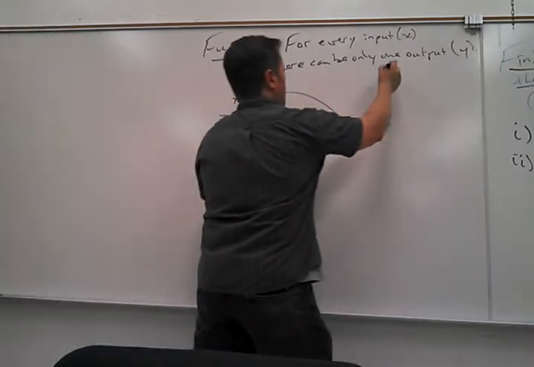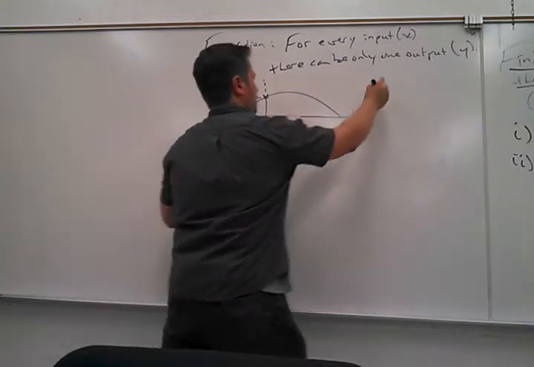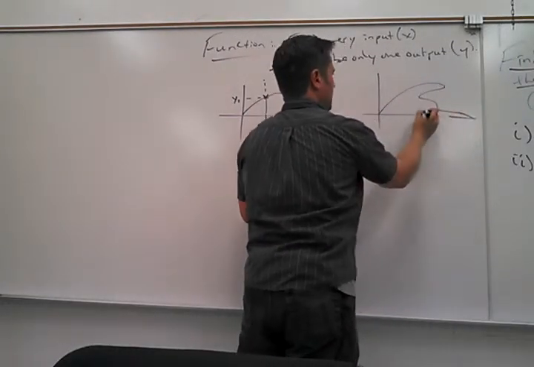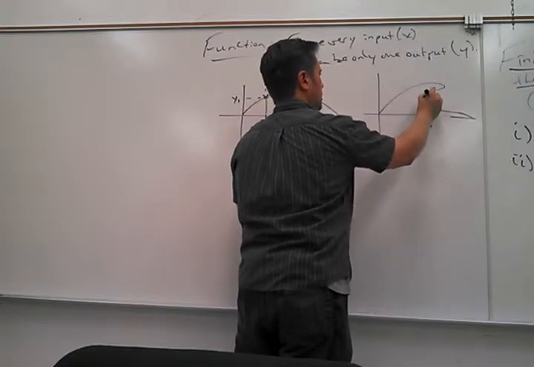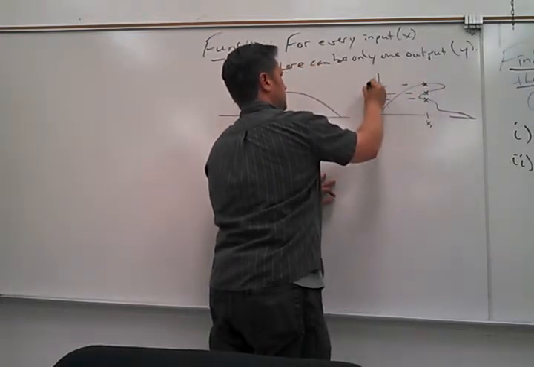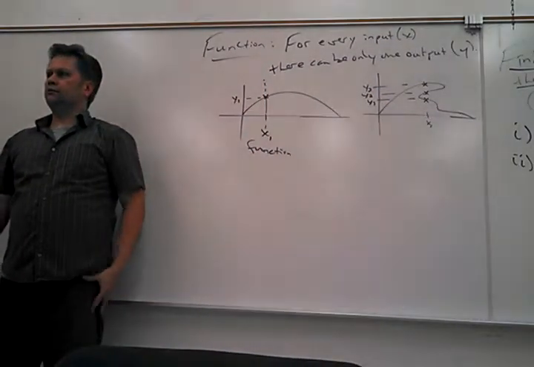But if I have that other graph I just drew, then at this time here, it was here and here and here. 3 different places. That is not a function.